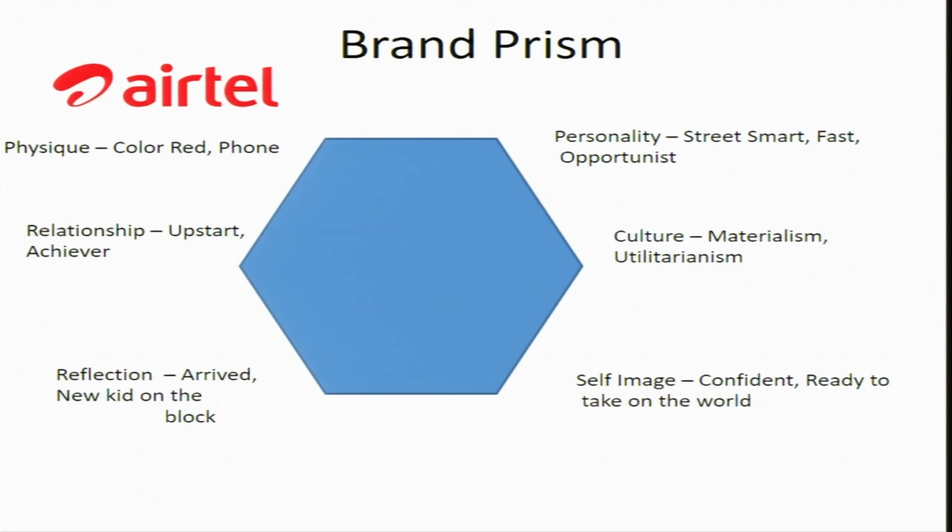But the inner side or internal part of the Airtel brand is its personality, which is fast, which is street smart, which is also opportunist. Opportunist may have a slightly negative tone, but it also means that when opportunities come your way, you leverage them, you work upon them so that you grow.